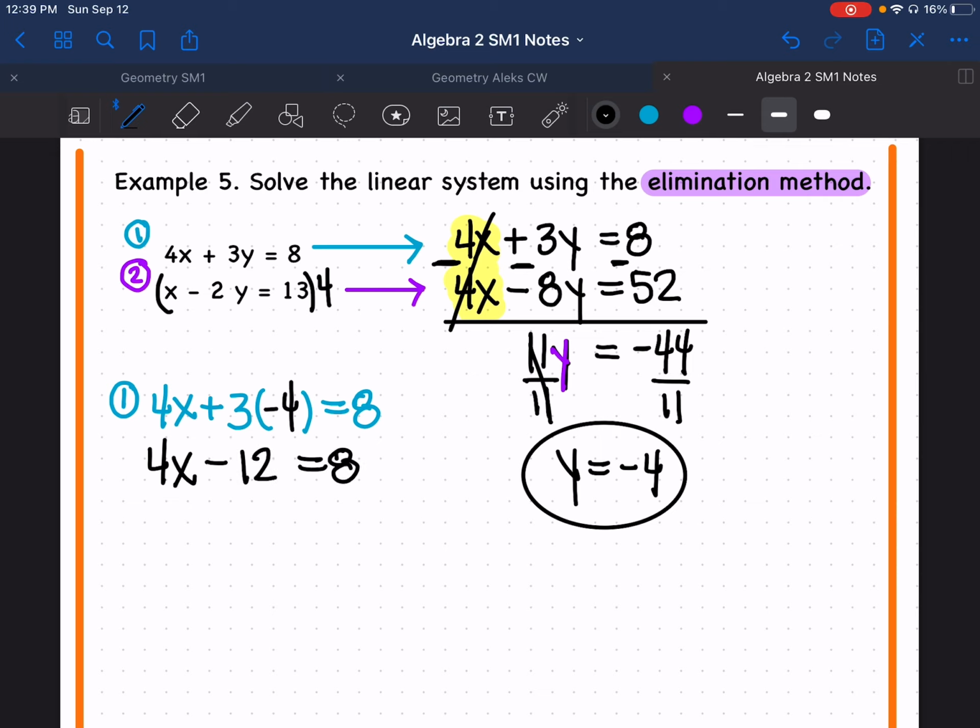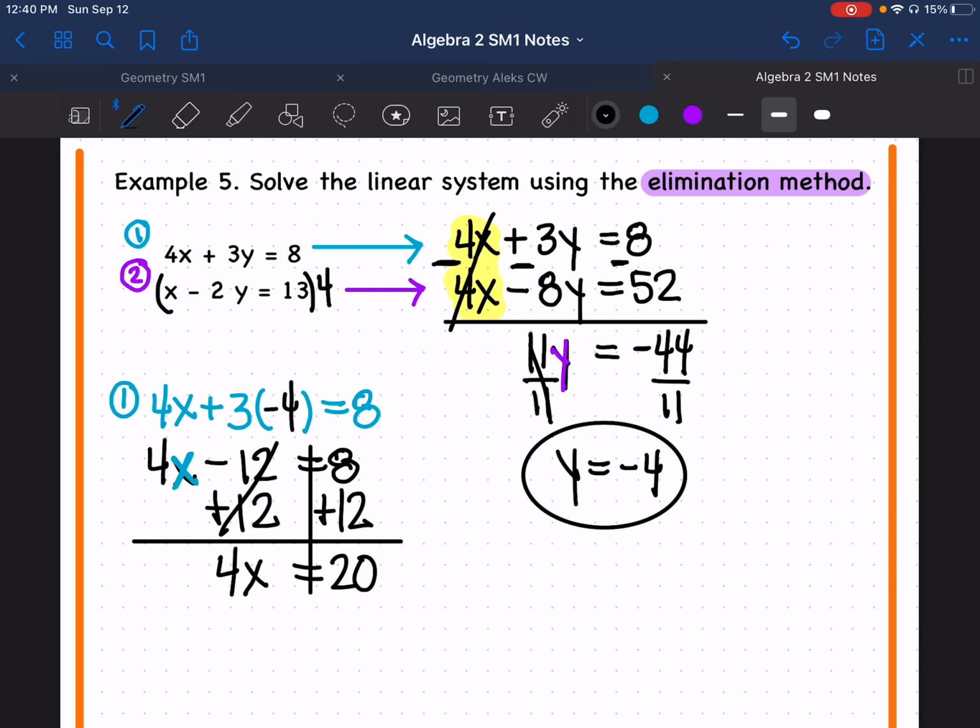There's my multiplication. Remember, you're solving for x. You've got to get rid of that minus 12 by doing the opposite. So let's add 12. 8 and 12 is 20.